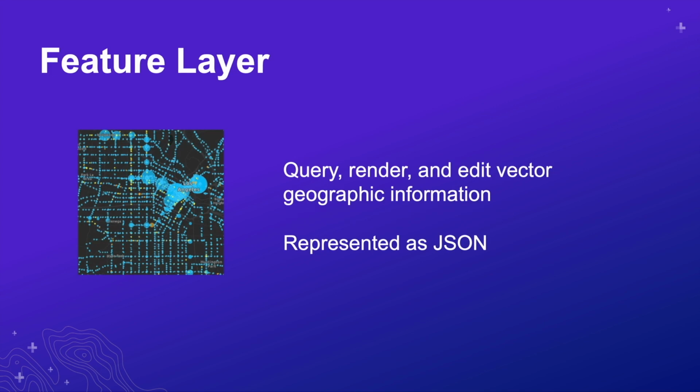The feature layer, which is really going to be the focus for the later part of this presentation with Max, enables you to query, render, and edit vector geographic information. It's represented as JSON. So the feature layer sends that JSON to the client, and you render that.